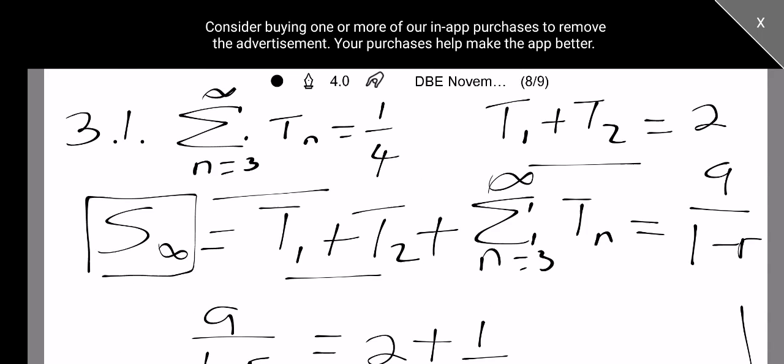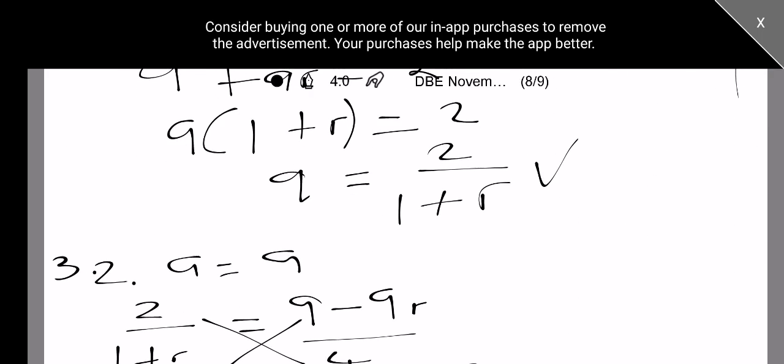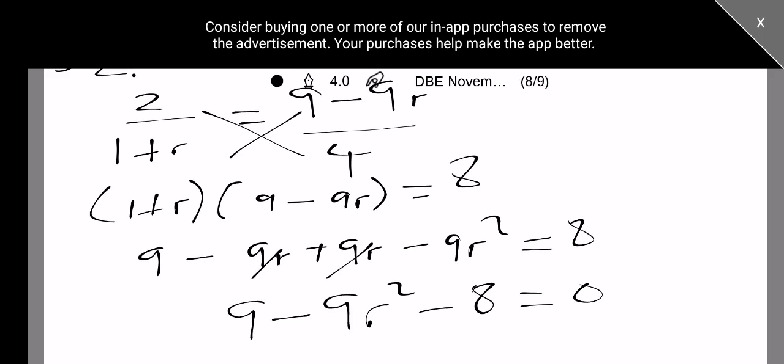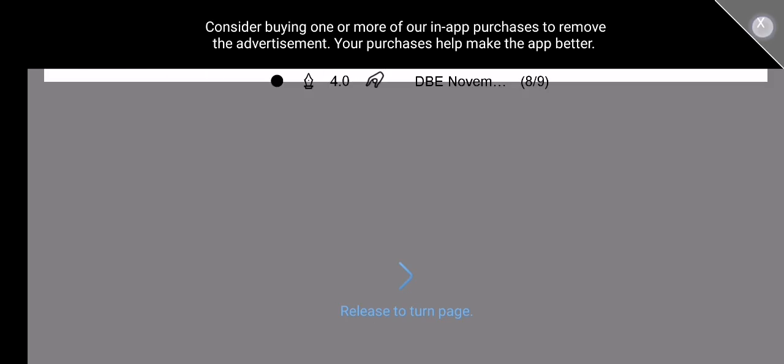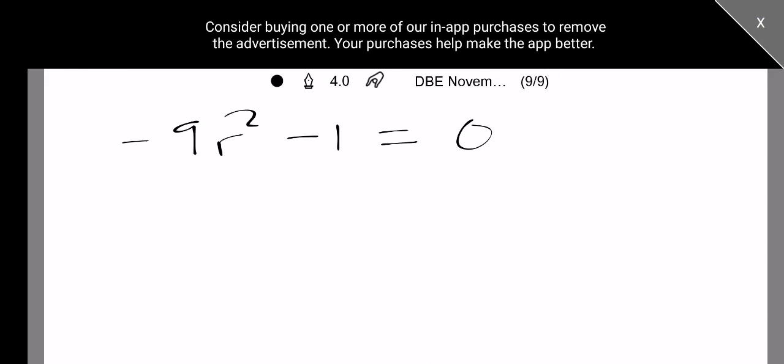Sorry, I just realized I made a mistake on the previous one. 9 minus 8 is 1, positive 1, not negative. So take out a common factor of negative 1 and divide the whole expression by negative 1.